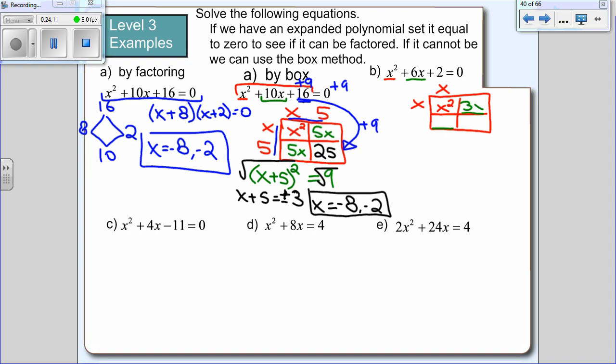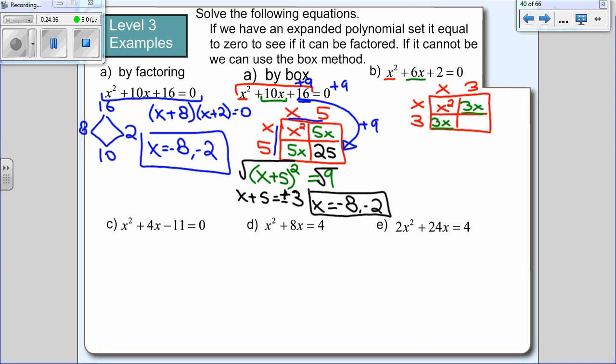Now I can fill in the second parts of my binomials. What times x would give me 3x? What times x would give me x? 3. So you fill in all those parts of the area diagram using intuition and the information you have. The last part of the area diagram, you have to just calculate.